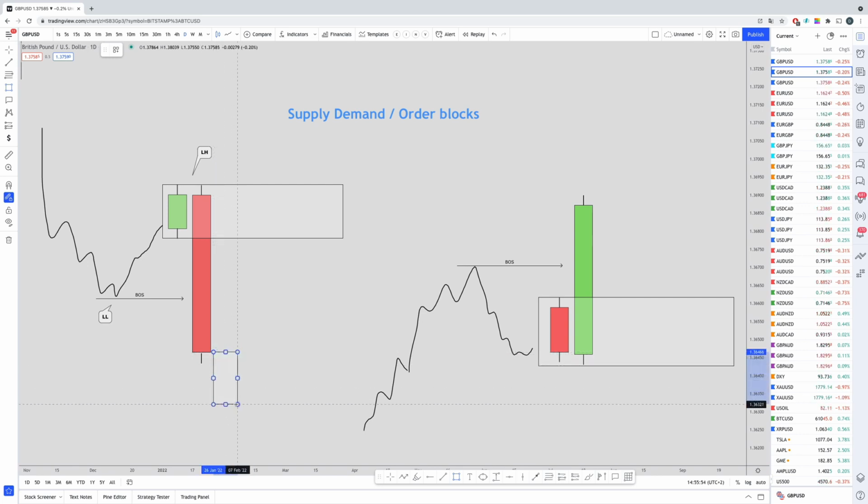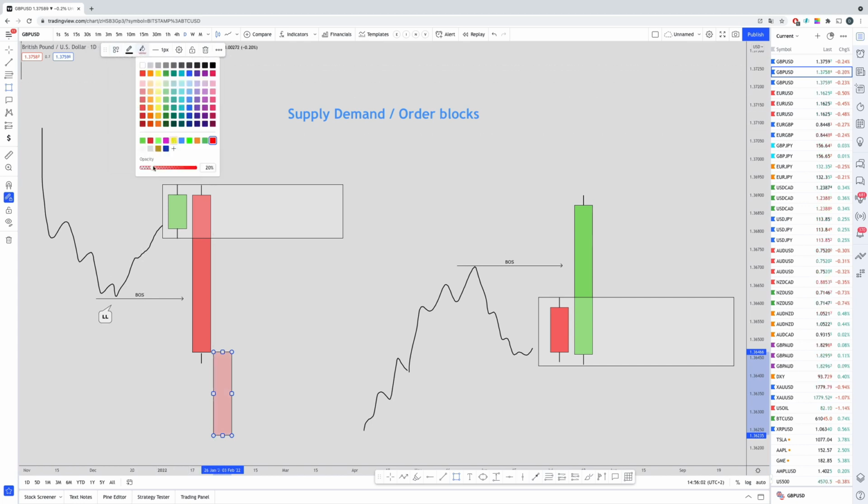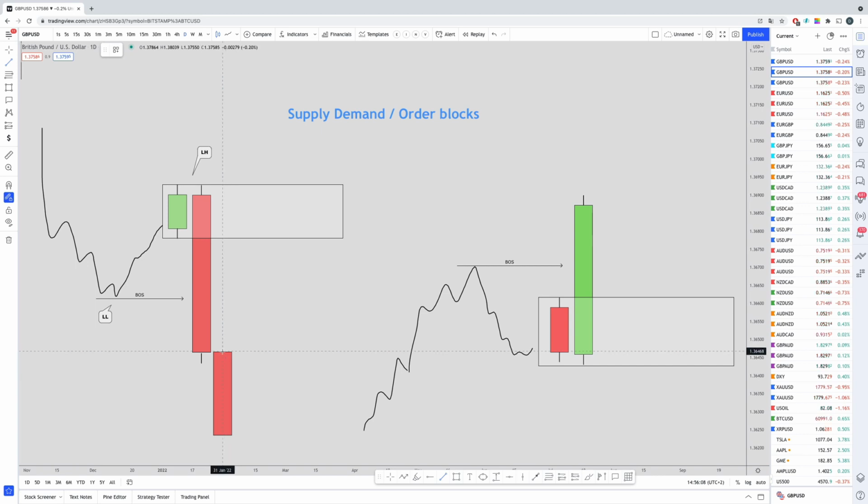Let me just mark the next candle so that it will make it more clear to you. Let's use red here as well. So you see here the next candle which is created here. So this is how the down movement works.